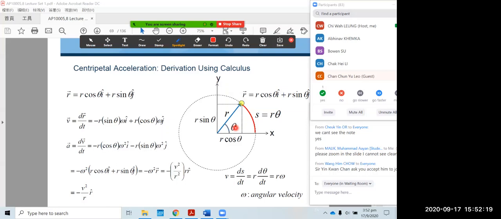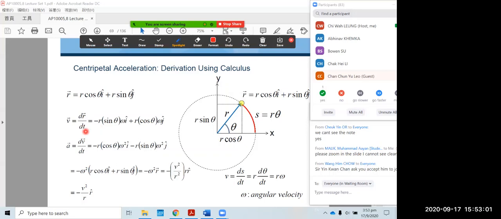At any time, the location of this object can be written as r cosine theta i plus r sine theta j, with the i vector and j vector, of course, to represent its location in the x-axis and the y-axis. And you have this r vector being the displacement vector. If we have the knowledge of calculus, which I do not assume, but let us try to do it in any case, the velocity is the derivative, the differentiation, of the r vector with respect to t.